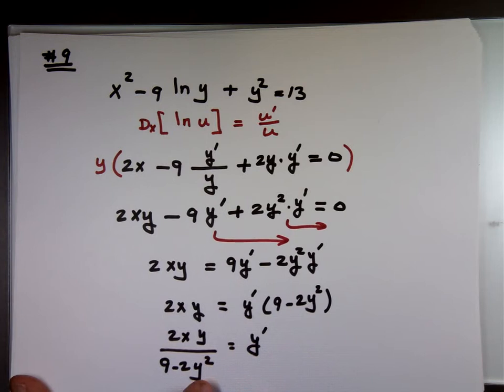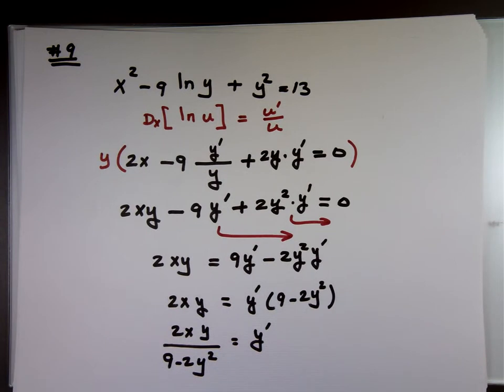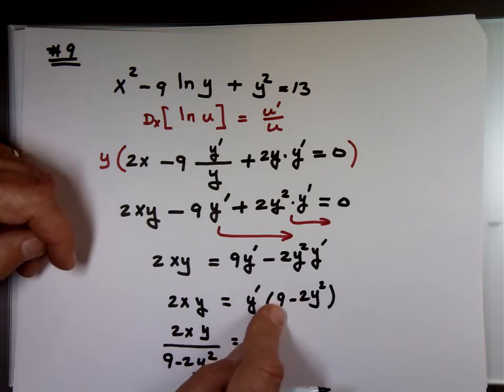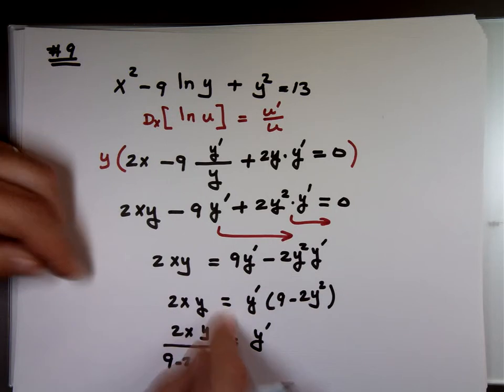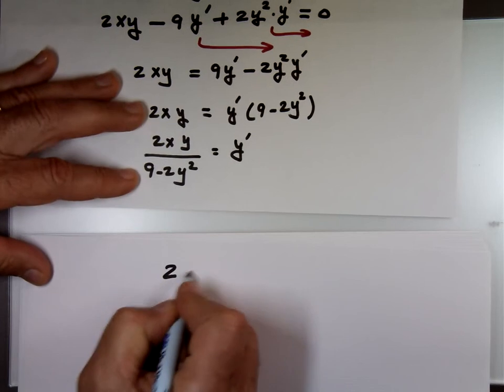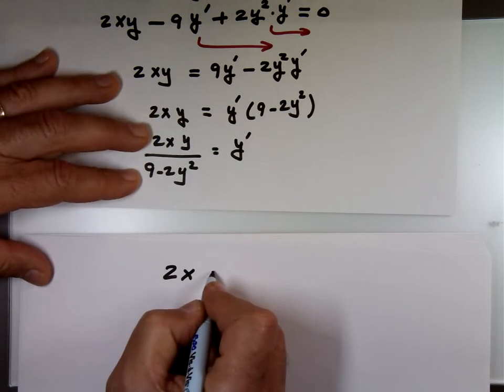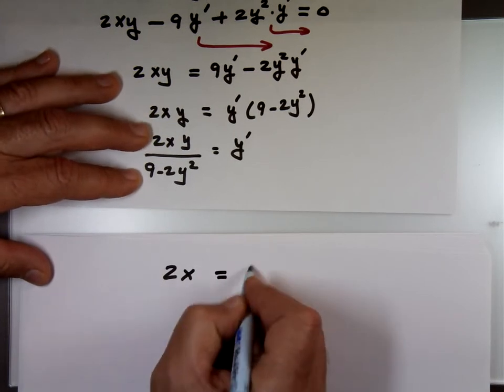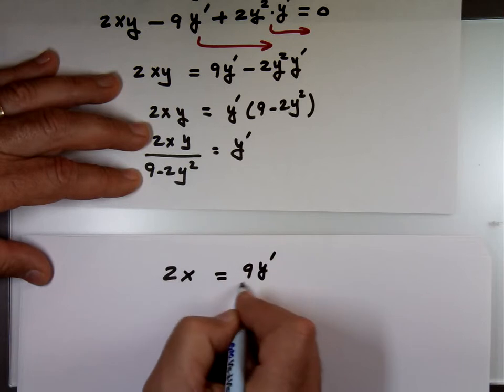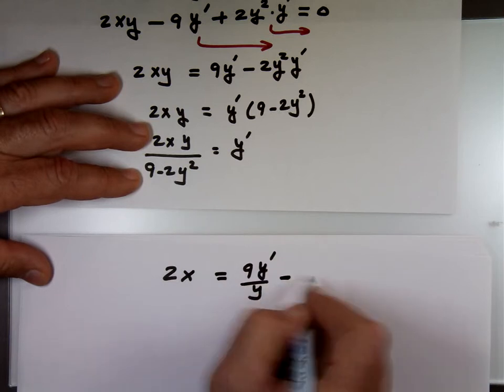I get why we multiply the whole thing by y, but is that necessary? Well, if you didn't, you're going to have 9 over y here. You'll have 2x equals 9y sub prime over y minus 2y y sub prime.